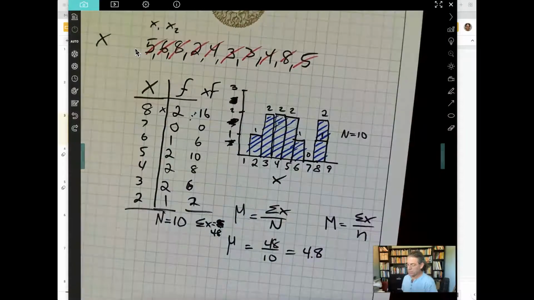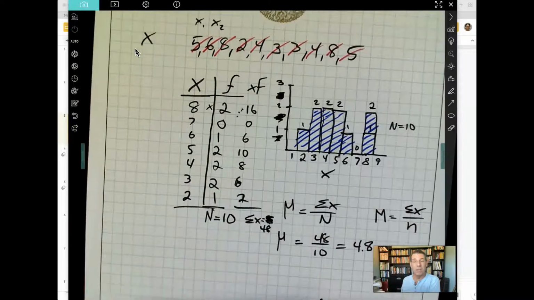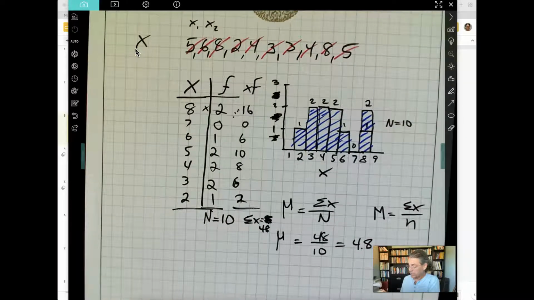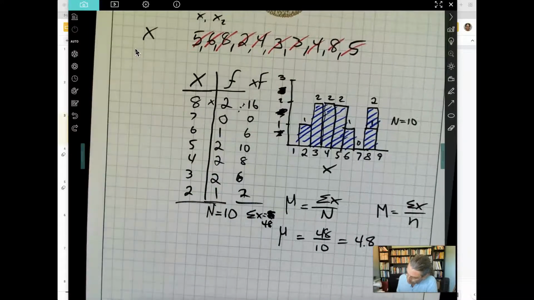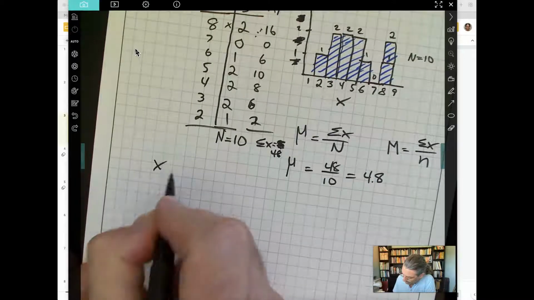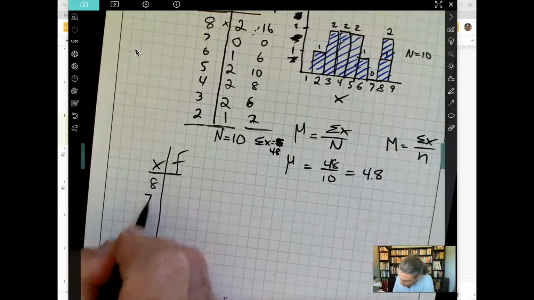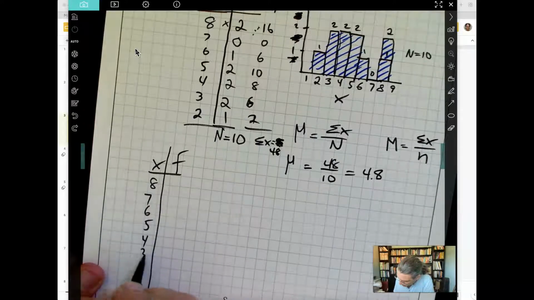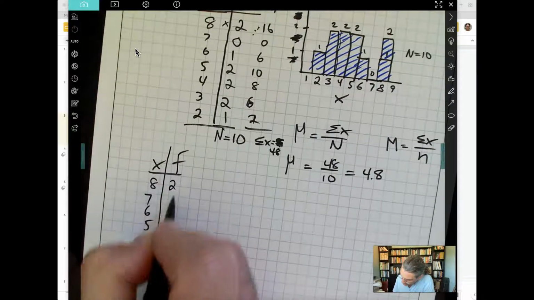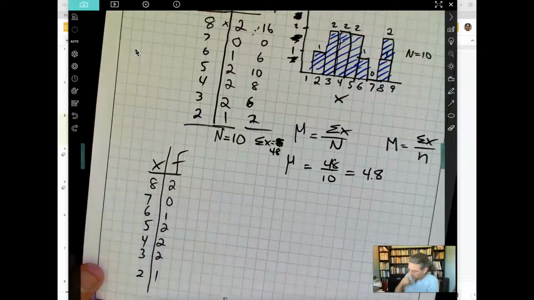The other thing I'll just say with this table is that we can also do percentages and proportions. And so let me recreate that down here. So if I have my scores 8, 7, 6, 5, 4, 3, 2, and the frequencies 2, 0, 1, 2, 2, 2, 1.